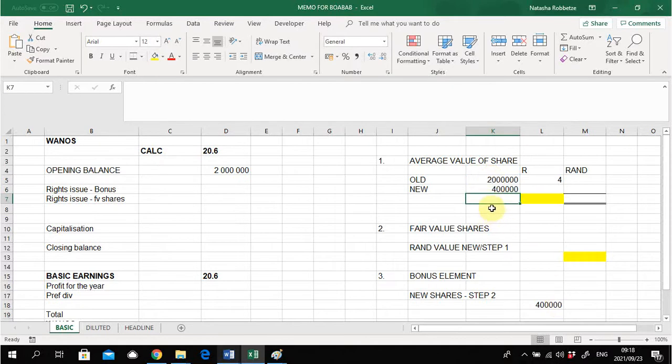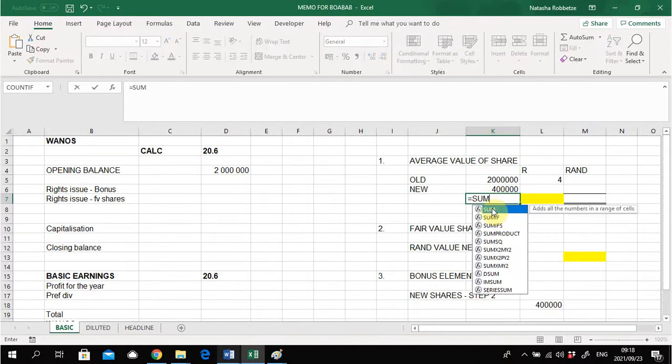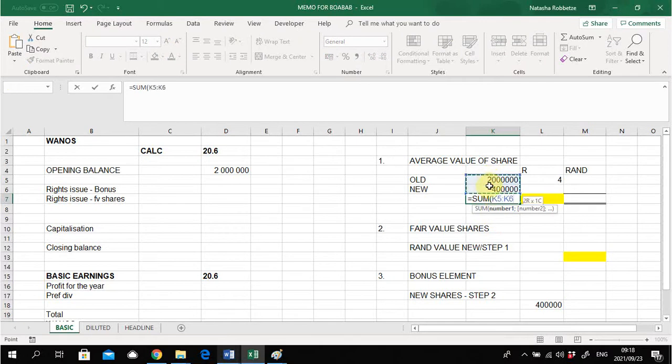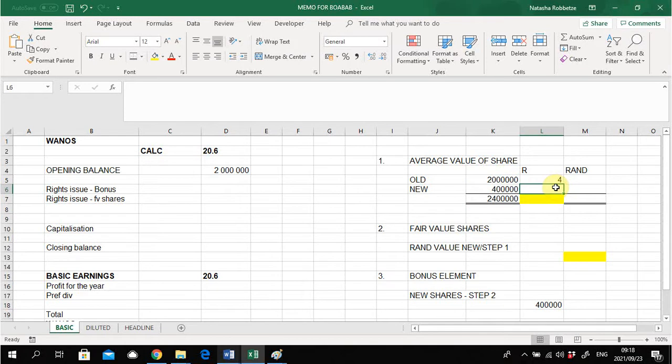Then I'm just going to add this together so that we have the number of shares. The value that is attached to the new issuance is now cheaper, and I believe the rights issue is done at 3 Rand per share. And to get to the total Rand value, I just multiply the total shares by the value per share attached to it.